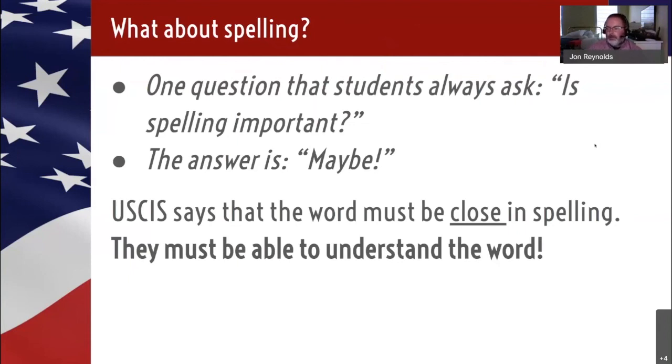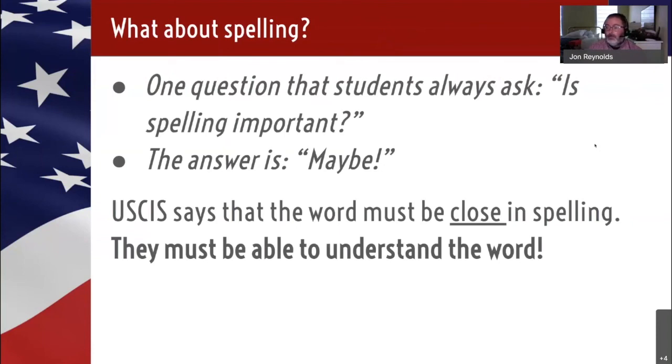Now, if we forget some words, for example, some of these words like the word of, if we forget the word of, or if we forget the word the, again, USCIS said that's okay. You can forget the little words, but you cannot forget the big words. So the important words.